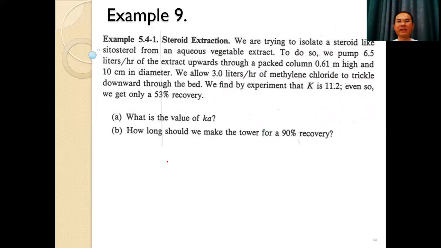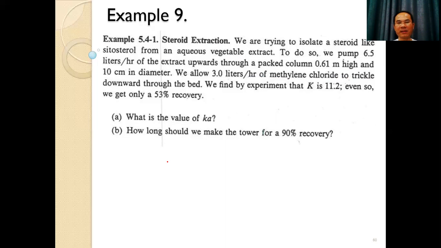The heavy phase is the vegetable extract, flowing upward at a flow rate of 6.5 liters per hour. The column height is 0.61 meter and the column diameter is 10 centimeters.